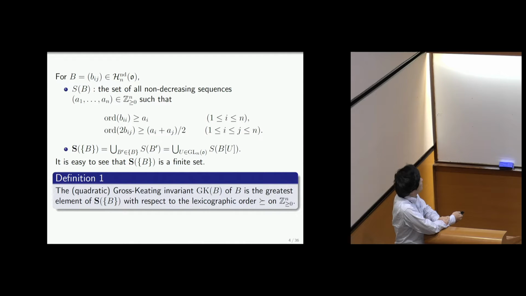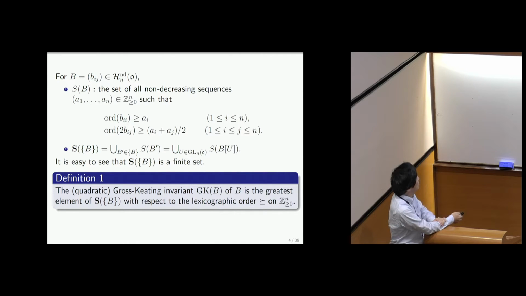Then S(B) is the set of all non-decreasing sequences a_1, and so on, a_n, such that the order of b_ii is greater than or equal to a_i, and the order of 2b_ij is greater than or equal to (a_i + a_j)/2. And S({B}) is the union of S(B'), where B' extends over the equivalence class of B. It is easy to see that this set is actually a finite set.